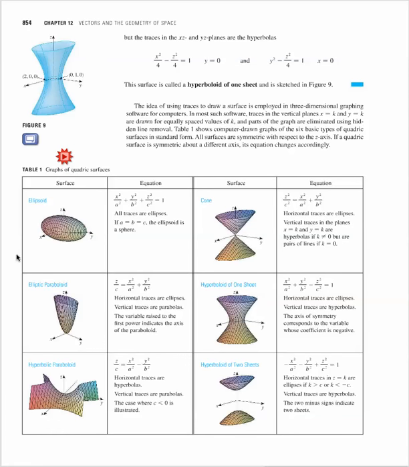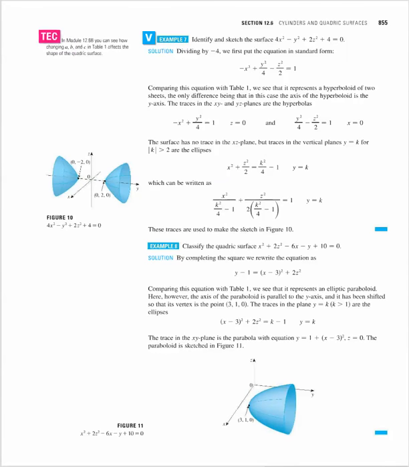What I don't want you to stress about is the names of the different quadric surfaces. I don't care which one is an elliptic paraboloid, and I don't care which one is a hyperboloid of 1 sheet or 2 sheets, or a hyperbolic paraboloid. You really do not need to memorize any sorts of forms. I just want you to understand what traces are and how you can use them to get at visualization.